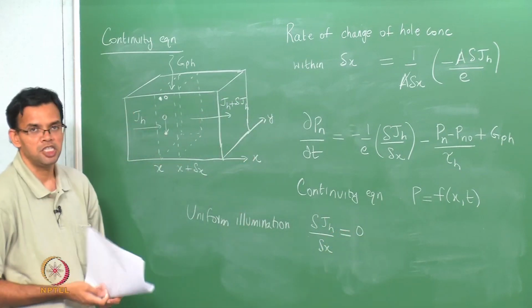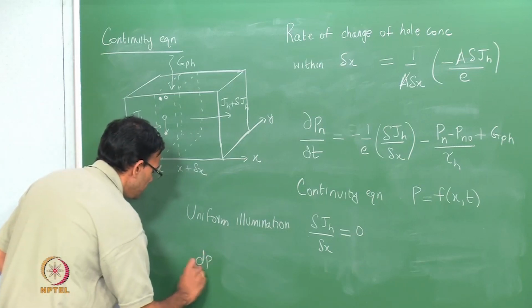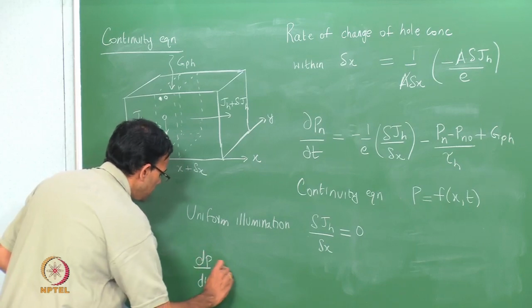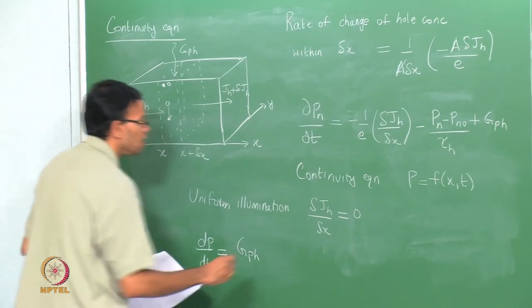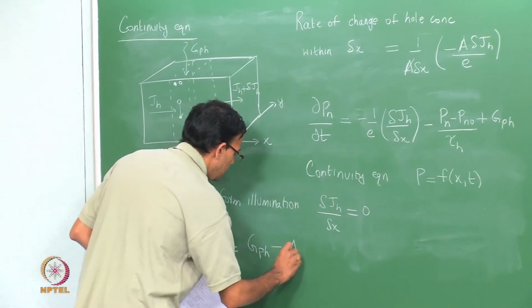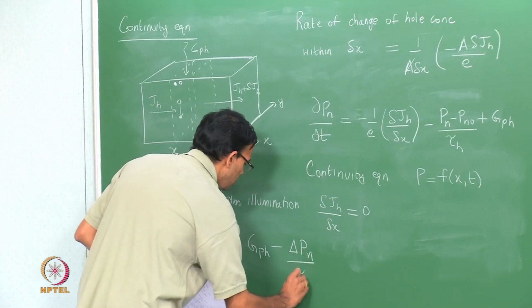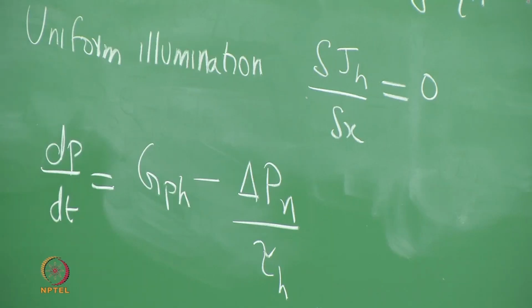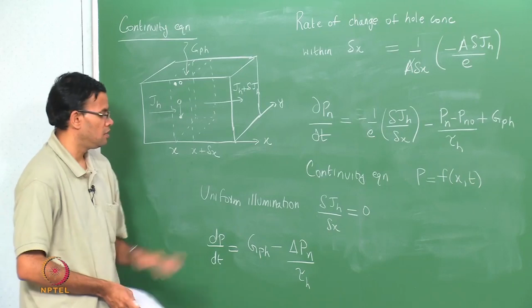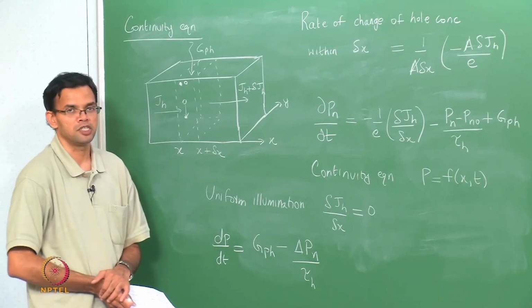So, P will only change as a function of time, so that you have dP over dt is Gph minus delta P over tau h. So, we get back the original equation that we wrote. So, uniform illumination is then just a specific case of the generalized continuity equation.